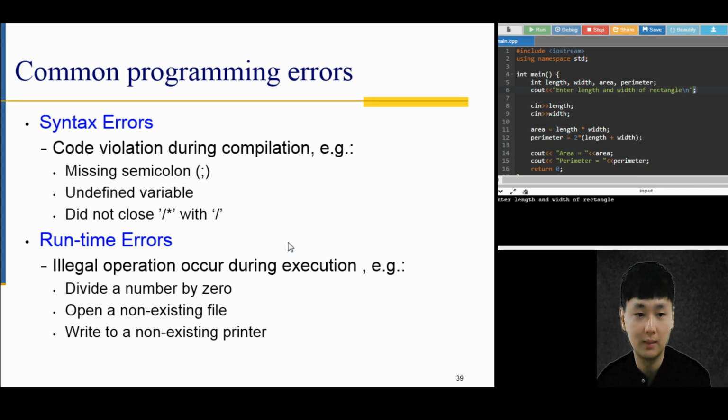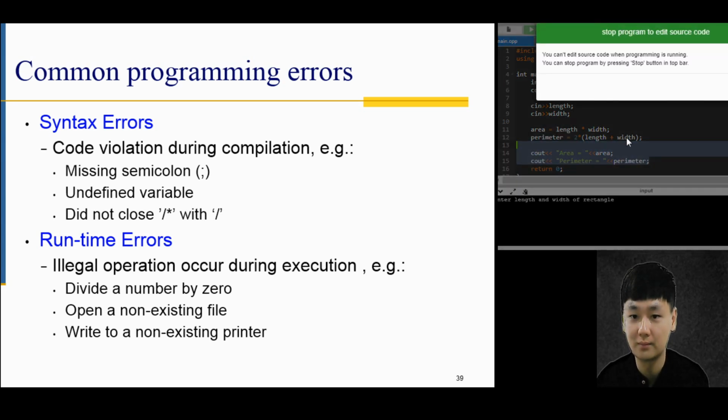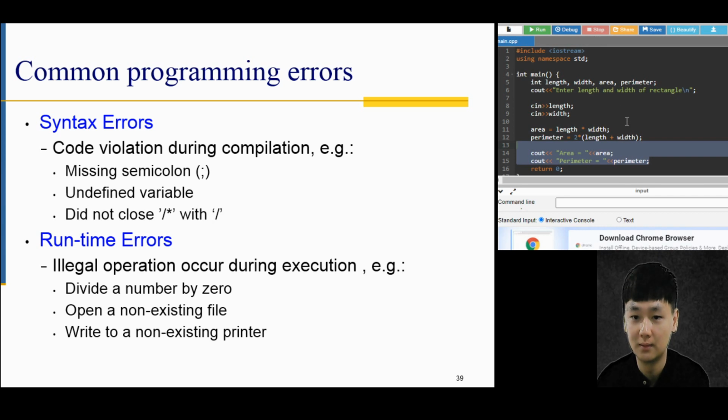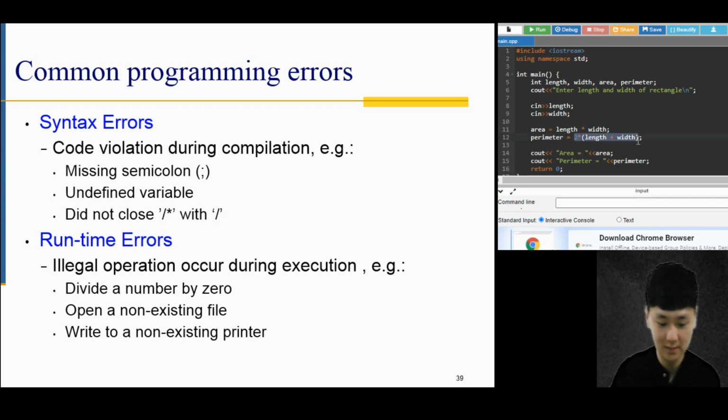And we have the runtime error. It's an illegal operation that occurs during execution. For instance, dividing a number by 0, which is impossible, right? You cannot divide a number by 0. You can take out a calculator and try to divide a number by 0. Let's see what happens. Okay, so I can try here, for instance, with divide by 0.